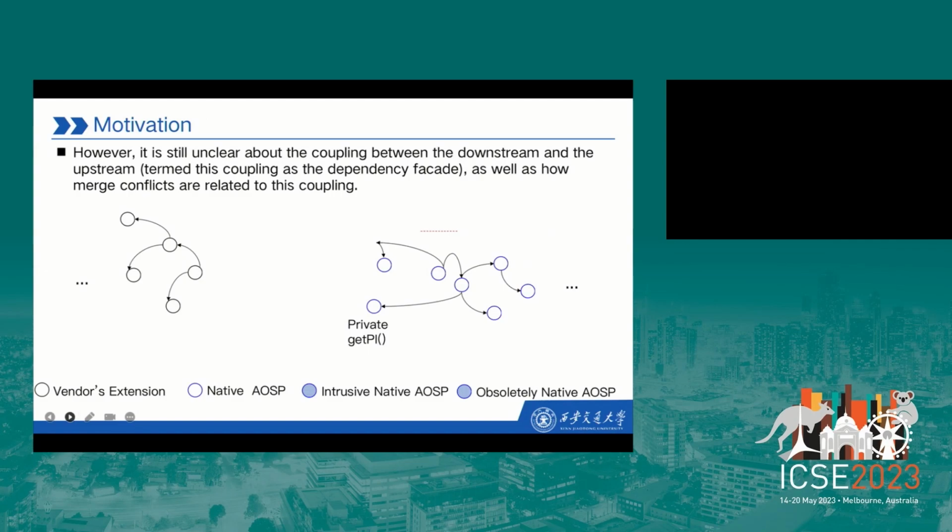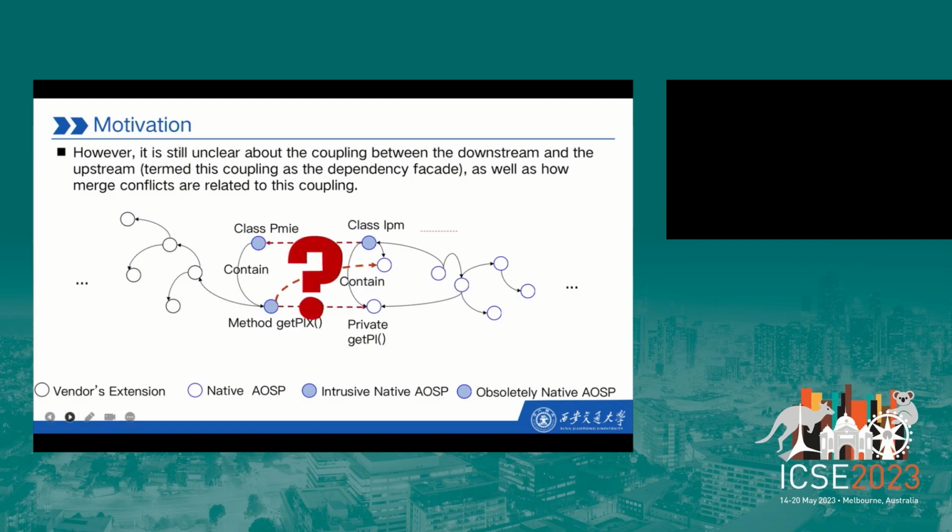It also has some intrusively native entities, which were originally created by the upstream and were further modified by the downstream. Also, it has some obsoletely native entities, which were created by the upstream in earlier versions and were deprecated by the current upstream version. However, such obsolete upstream entities are still reused by the downstream.